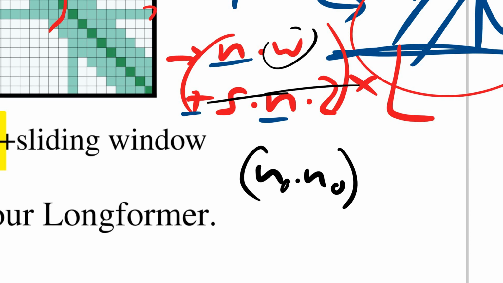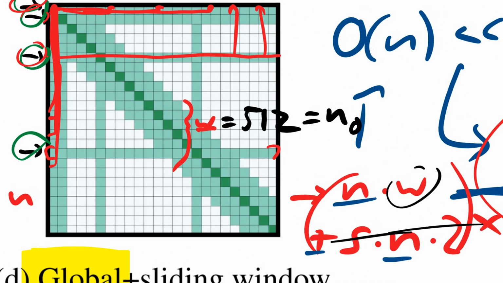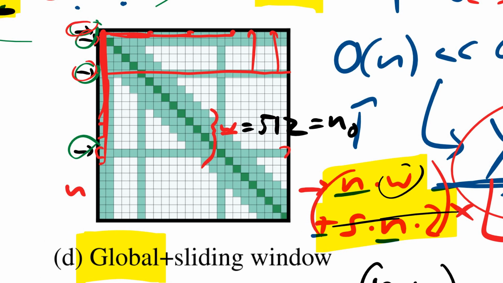So the new part really is the fact that you have this sliding window, and the global attention is able to incorporate information from these special tokens as well, because sliding window was done before.